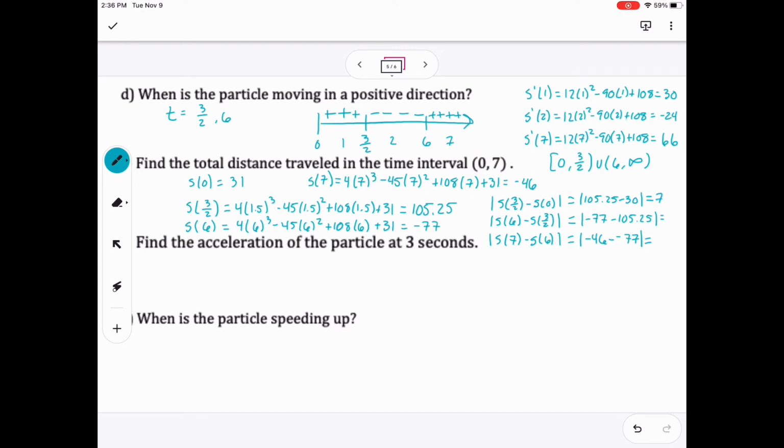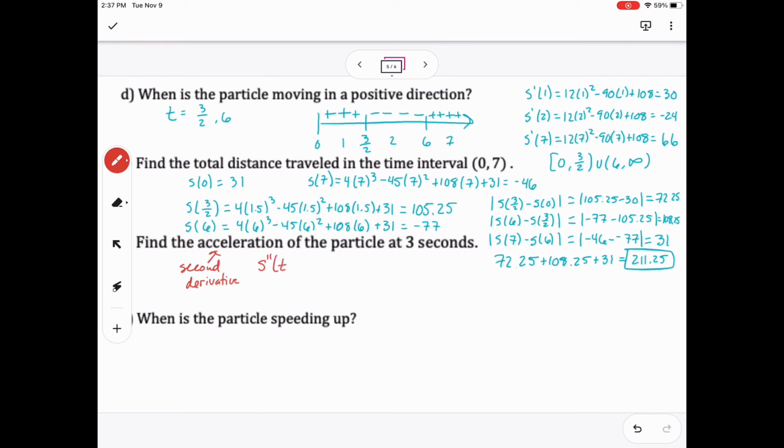And I'm always taking the later time minus the earlier time, or the smaller time. So I get those following 3 values, and then I just add them all up. And that gives me a total distance of 211.25.